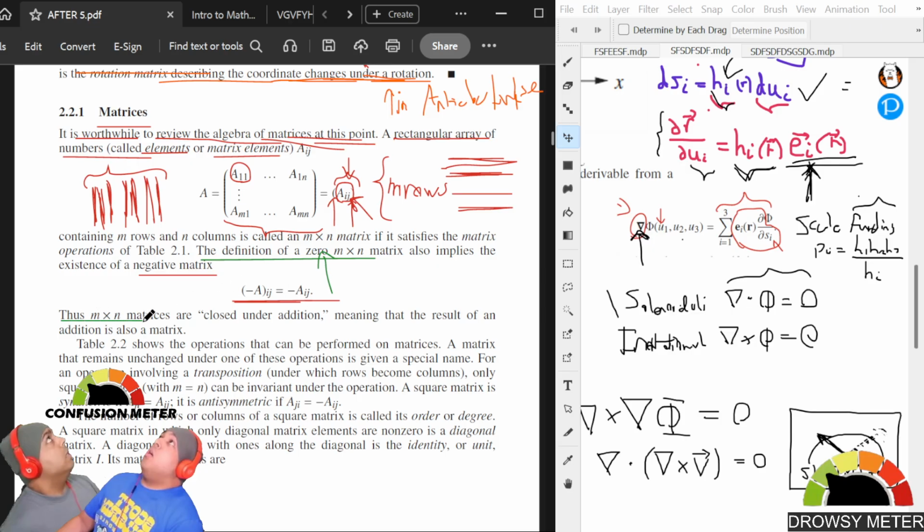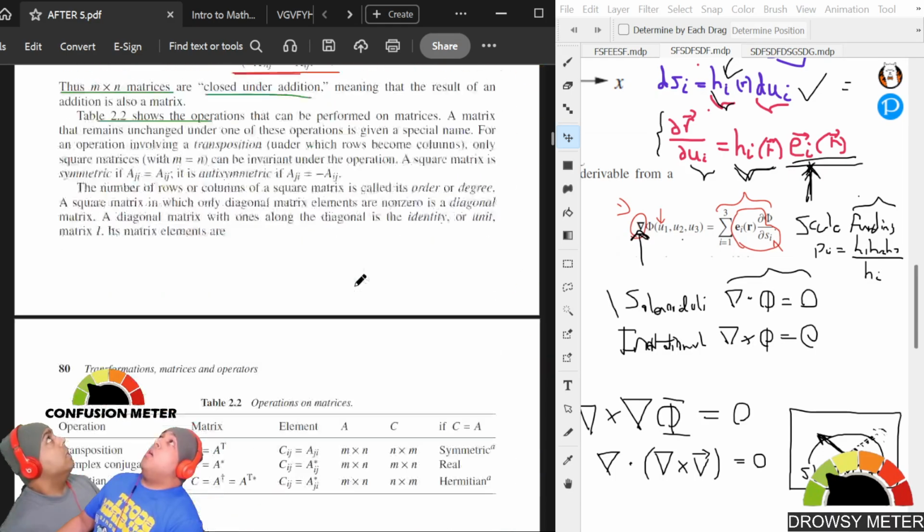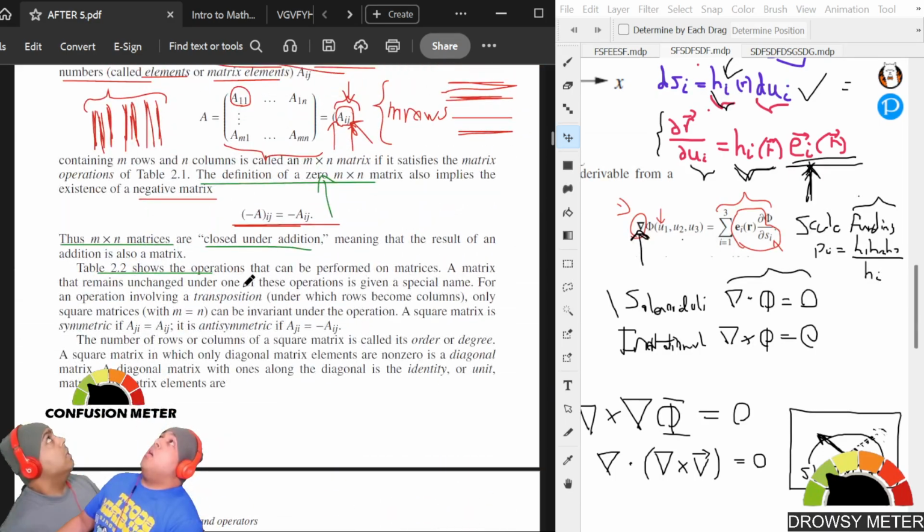Thus, m times n matrices are closed under addition, meaning that the result of an addition is also a matrix. Table 2.2 shows the operations that can be performed on matrices. A matrix that remains unchanged under one of these operations is given a special name.